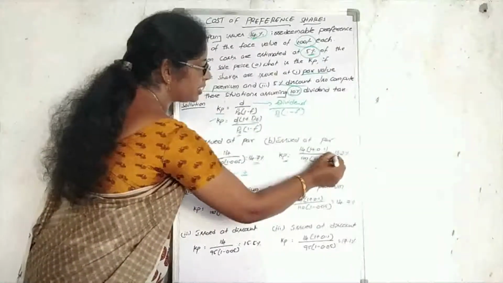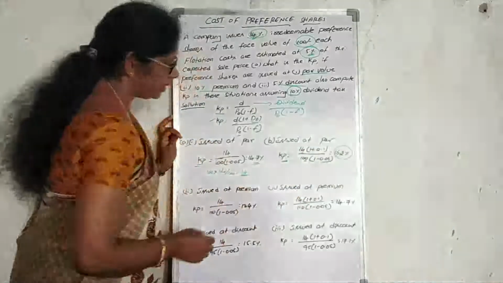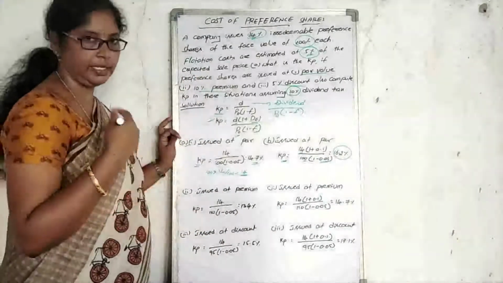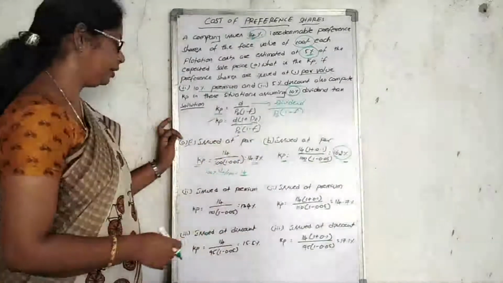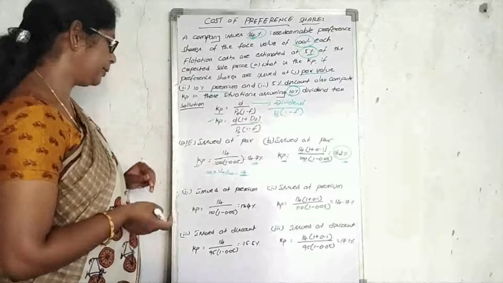That equals 16.2%. If they have to pay tax on dividend, the cost of preference will be 16.2%. Okay.